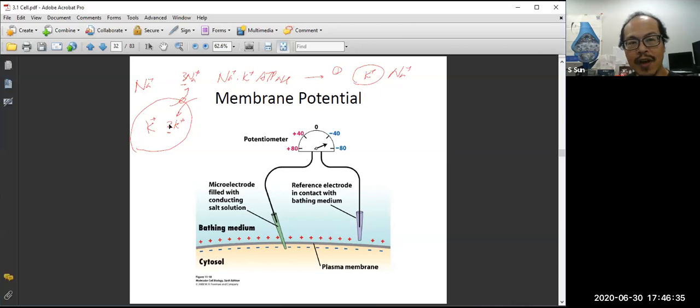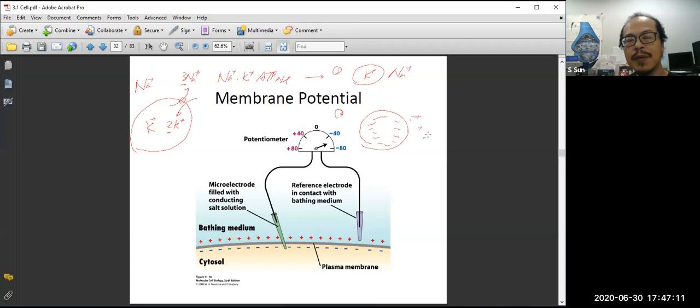So when we have less positive charge going in and more positive charge going out, it will leave the inside more negative, because there's less positive going in and more positive going out. So the second consequence is that the inside of a cell will be more negative.